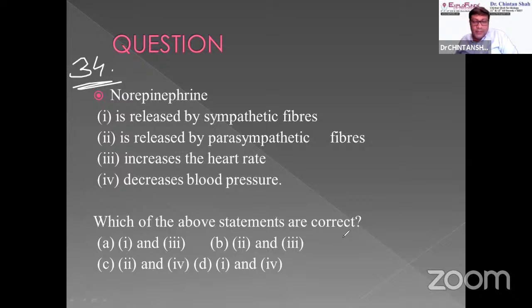Yep, A, B, C, D. 34. Please write down, Damya, which one is true for it. Very easy.